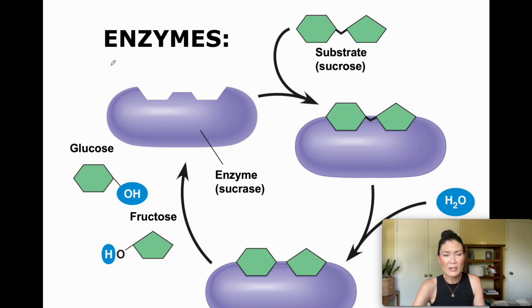How do they do that? If their job is to break bonds, they take in the molecule that needs to be broken and physically put pressure on the covalent bonds and break it.